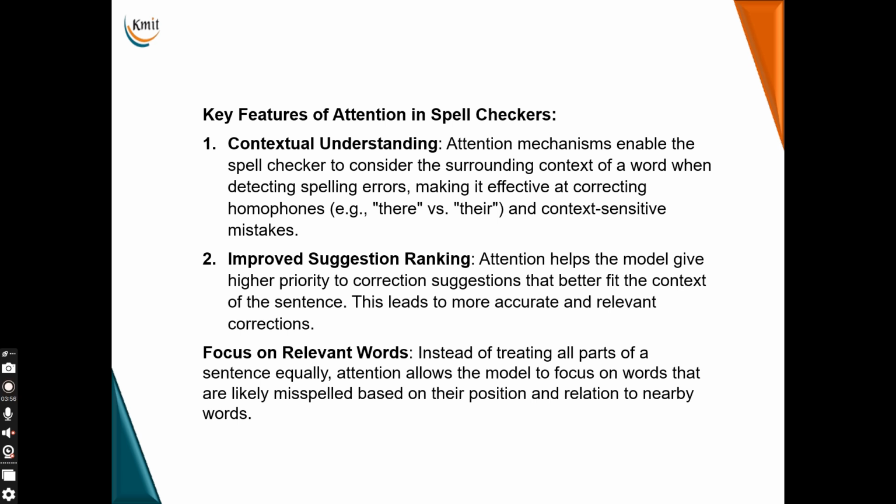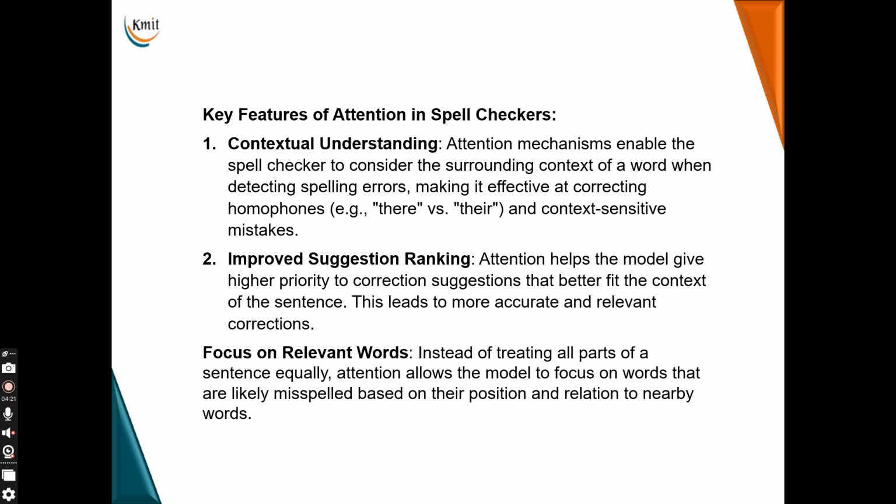Then it will try to identify context sensitive mistakes if they are there, and homophones, words you might have used which are pronounced in a similar way but whose spelling is different. Improved suggestion ranking is one of the other features. The moment you introduce attention, the spell checker can have improved suggestion ranking.